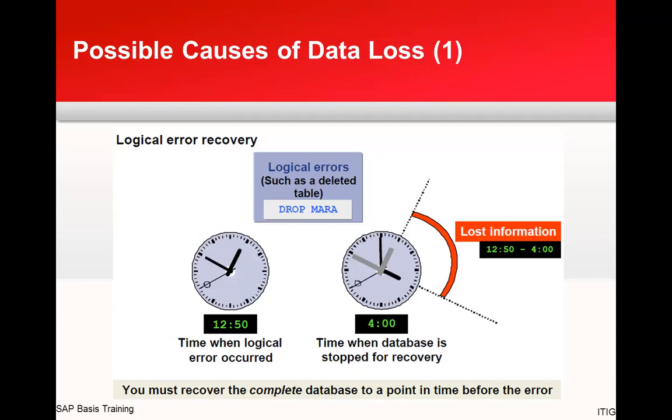That is the time of the lost information. You must recover the complete database to a point in time before the error to bring it to a consistent state. Logical errors can be caused by dropping objects, by deleting a part of a database object such as rows or columns, or by an application error.